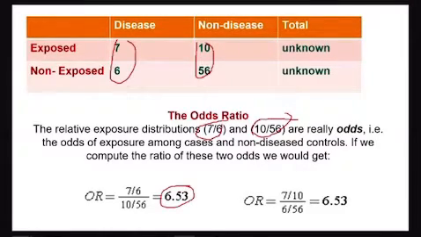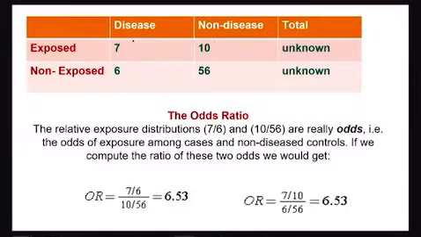At the end of the day, when you find the two odds, if you just want to base it on the odds within the exposed, those who have the disease to those who do not, and you also do the same in the non-exposed, mathematically speaking, they're all going to give the same result.